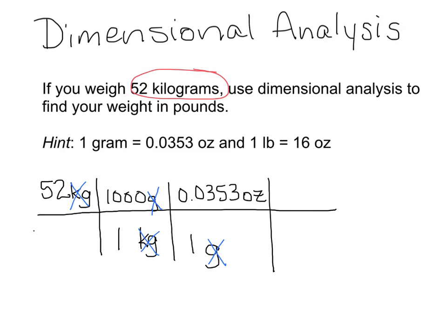I know that from the hint, there are 16 ounces in a pound. So I want to get rid of the ounces, OZ. I put it diagonally, and I put my 16 here. 16 ounces equals 1 pound. And I make my L cursive so it doesn't look like a 1.